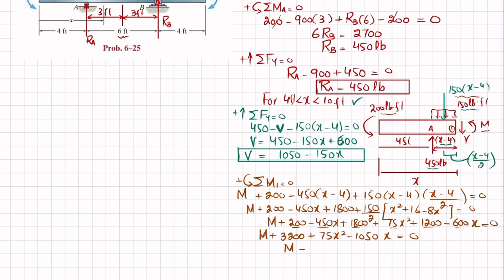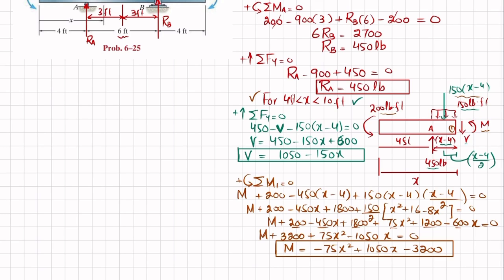So from here M will be equal to minus 75x square plus 1050x minus 3200.